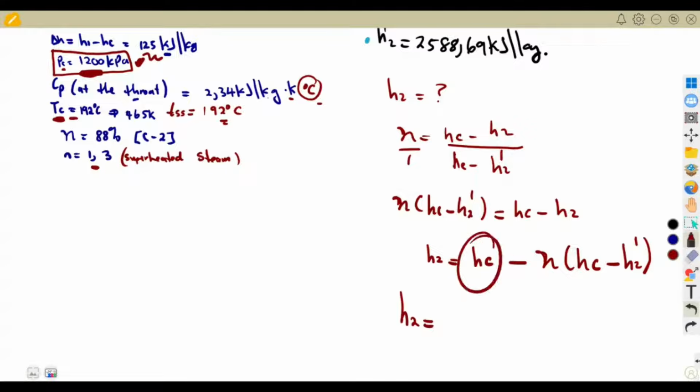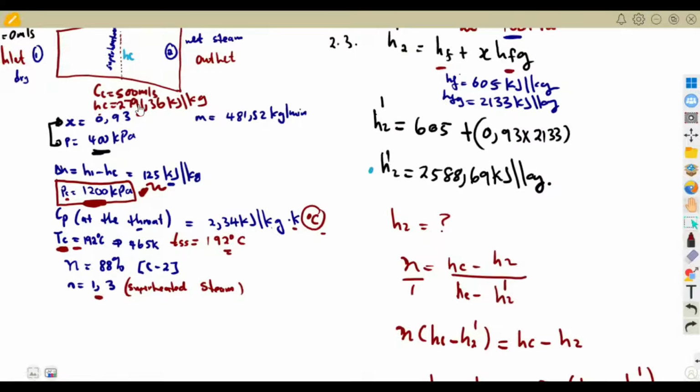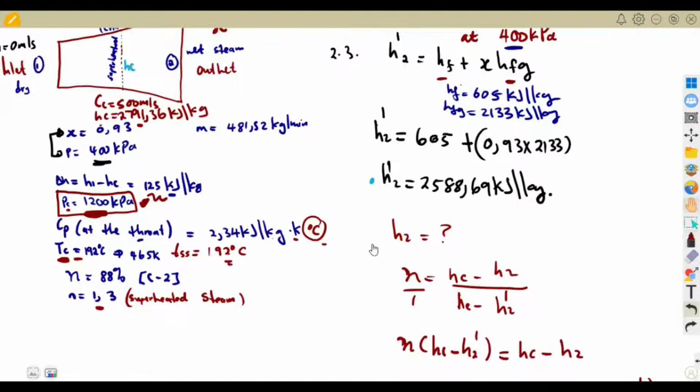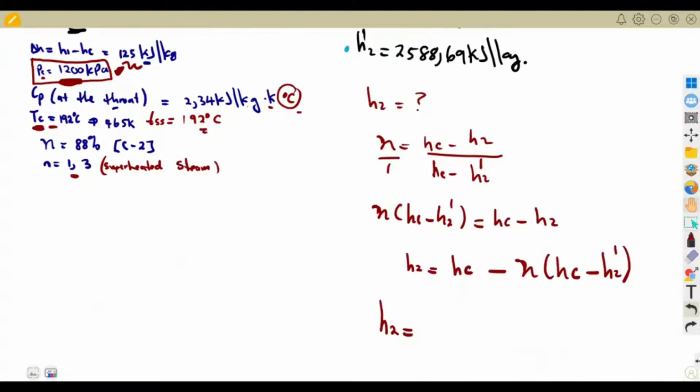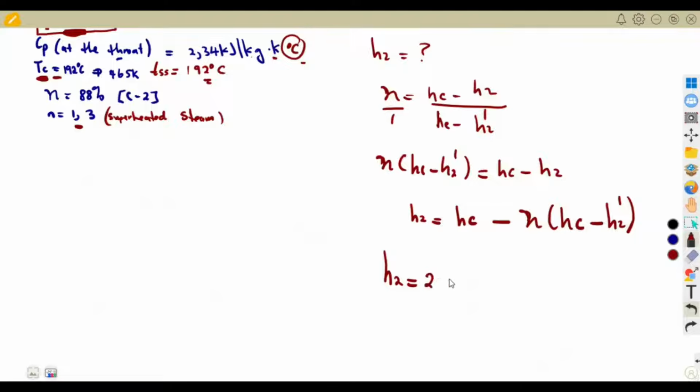So HC, we calculated this before. It's just a matter of substitution. HC, we had 2791.36. So you're going to substitute our value. In this case, that will be 2791.36 minus the efficiency on the stage C to 2, which is 88% as a decimal, that's 0.88 for the divergent stage.